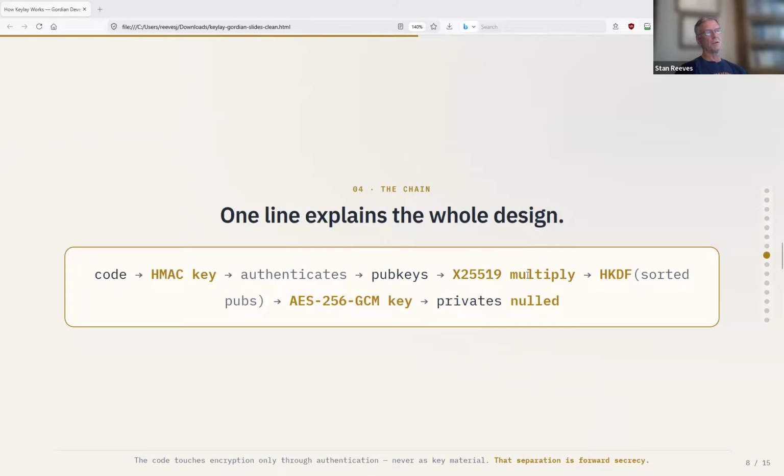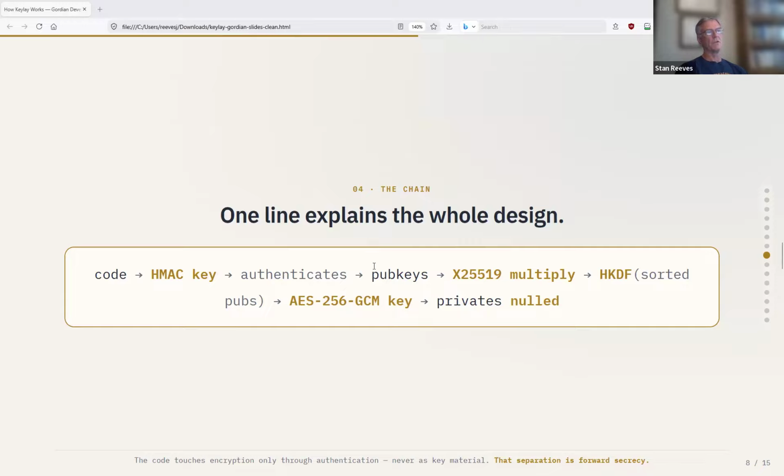Then with the other participant's public key, you multiply with the X25519 process, and then we sort those and create a hash-based derivation function, and then finally we land at the ability to do AES 256 GCM encryption, and we have a shared key for that process.